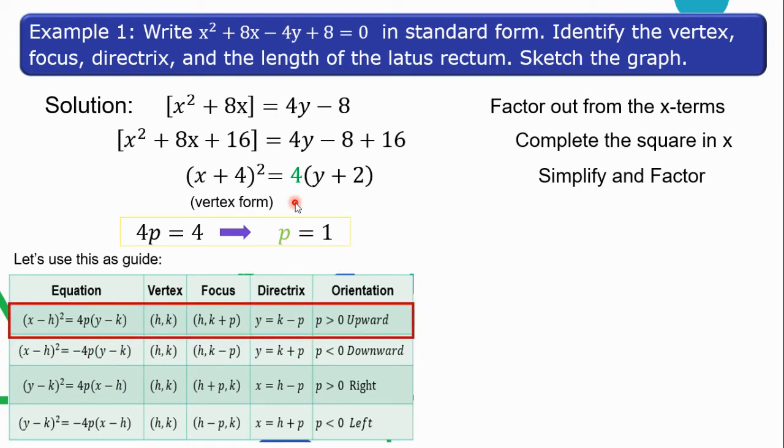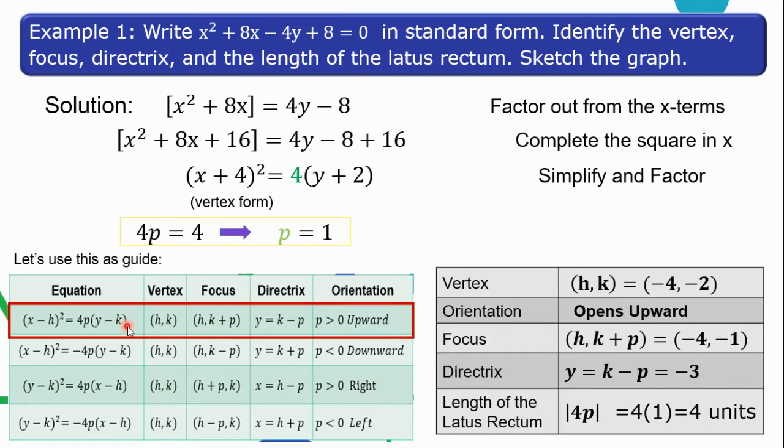We will base it on our first equation: the quantity of x minus h squared equals 4p times the quantity of y minus k. So from this, we can also see the vertex. Our vertex is (h, k), so we have negative 4 and our k is negative 2. And the orientation opens upward. Okay, that is a clue already.